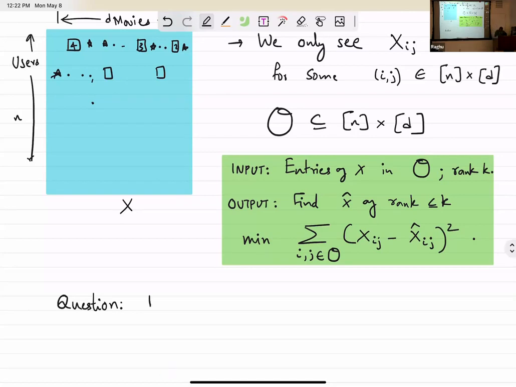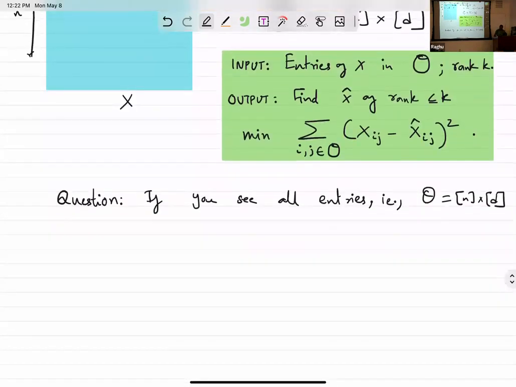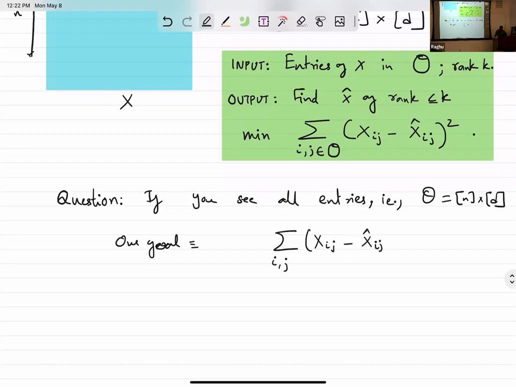So to go with what you're saying, if you see all entries, meaning O is everything, you see all of the observed entries, then our goal is equivalent to minimizing... okay.